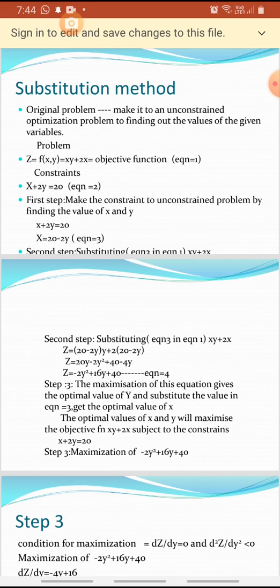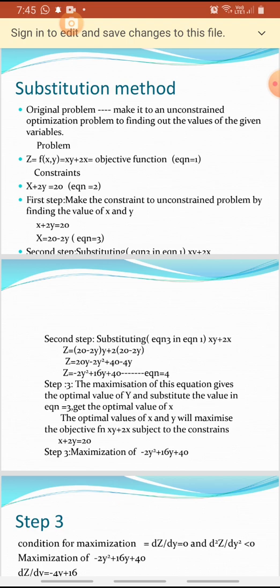Next, remove the brackets. Multiply 20 minus 2y with y, and likewise multiply the other bracket with 2.